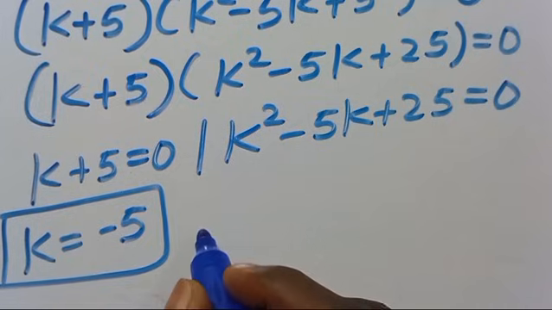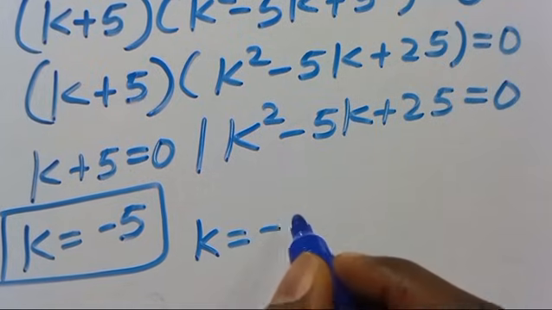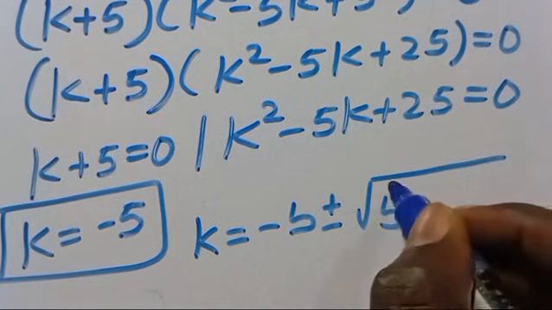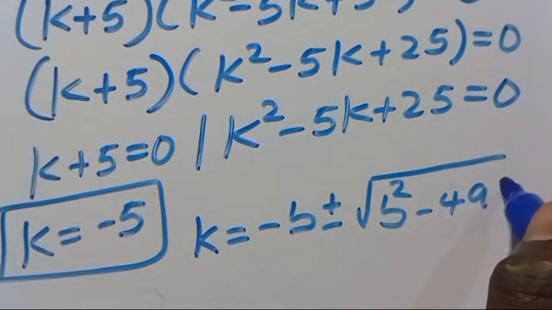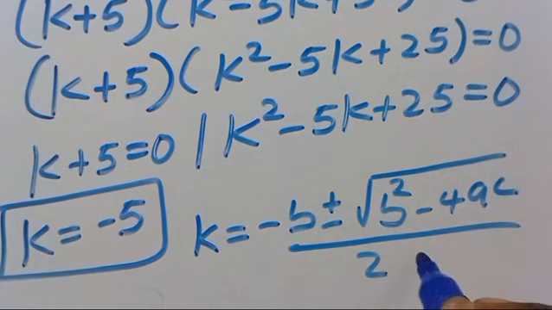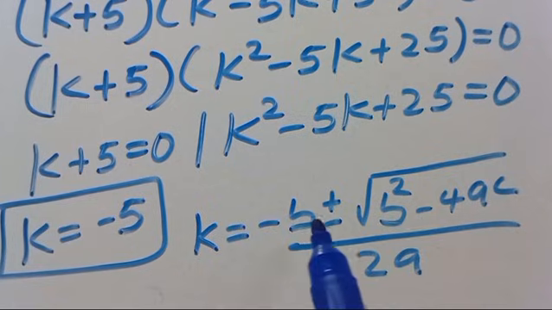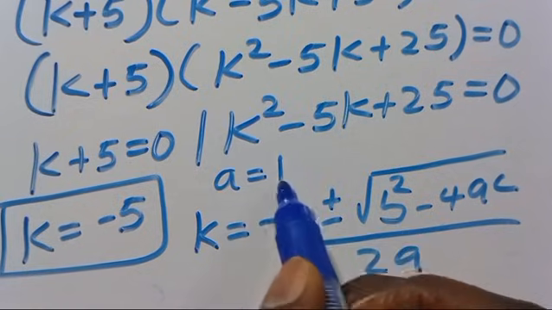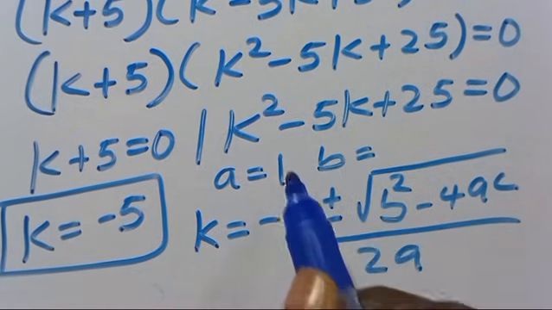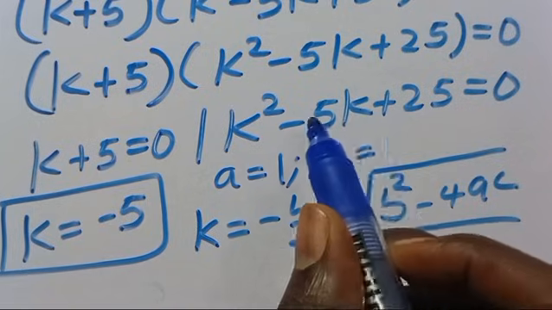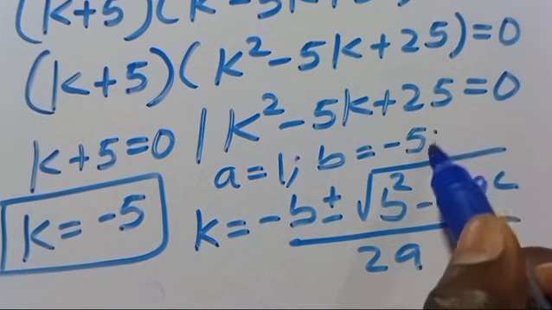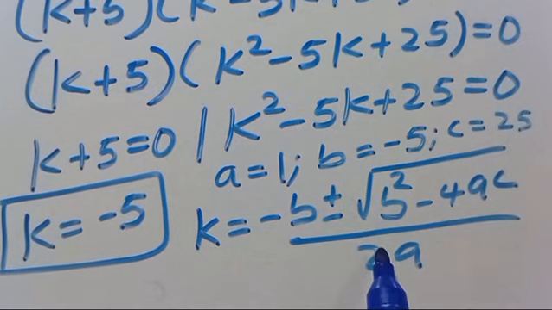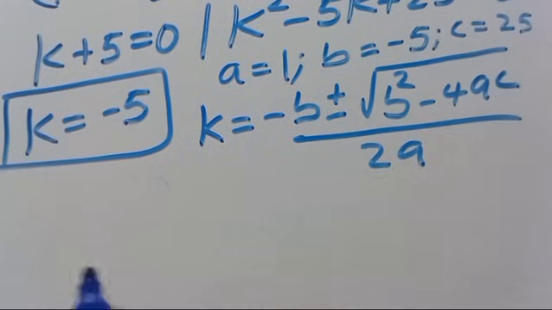Then from here, we can apply the quadratic formula, k to be equals minus b, positive or negative, root of b square minus 4ac, then divided by 2a. Where we are going to have the parameter a, this a, to be the coefficient of k square, which is 1, then parameter b to be the coefficient of k, which is minus 5, and our c will be equals 25. So when we substitute everything here, we are going to have k.